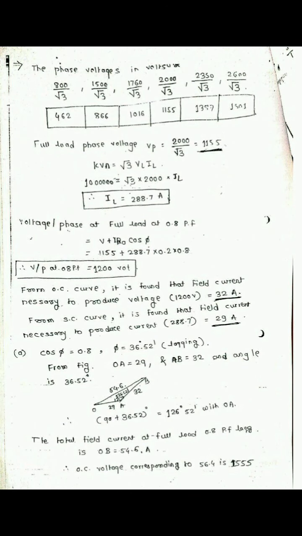So we get 126.52 with OA. Draw this for the value of IF, because in that condition the IF1 value is 29 and the IF2 value is 32. For that we have calculated the value of IF, that is 54.6 ampere.